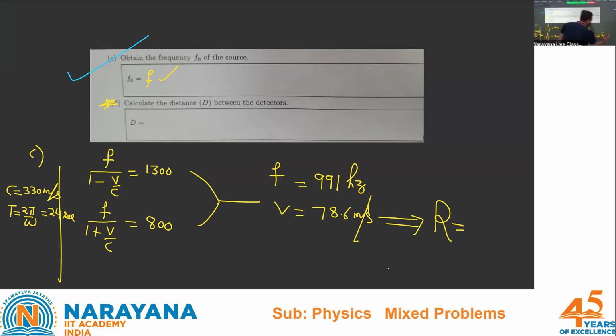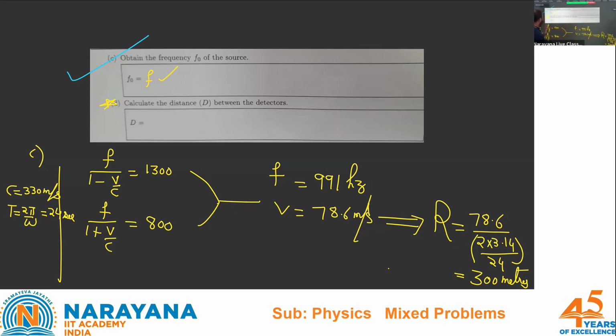So that comes out as 78.6 divided by omega, and that omega is 2 pi by time period. So 2 into 3.14 upon 24. So your radius is also around 300 meters. You calculate it correctly, this comes as around 300 meters.